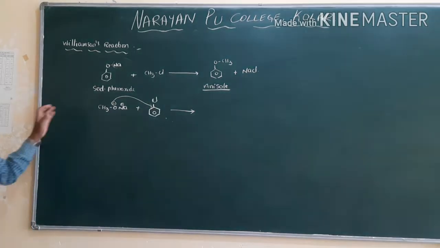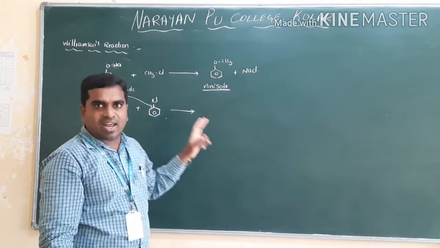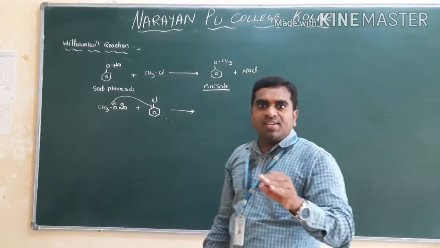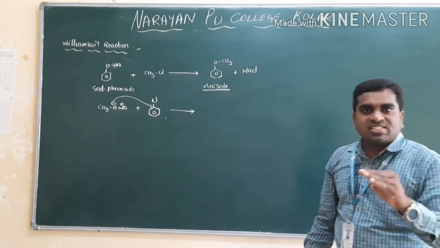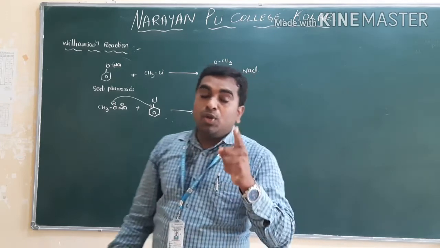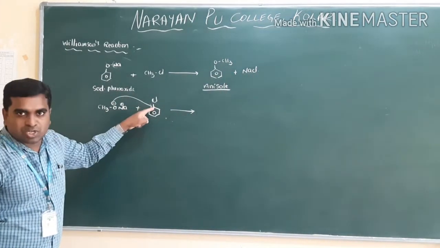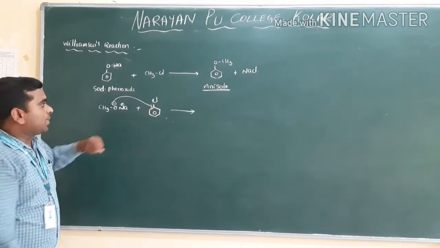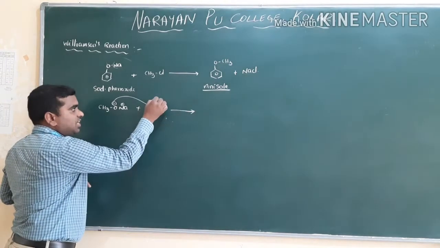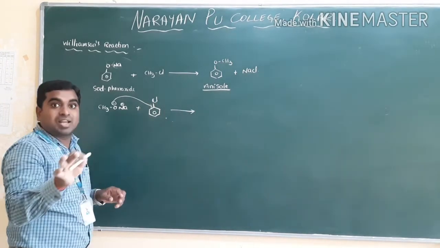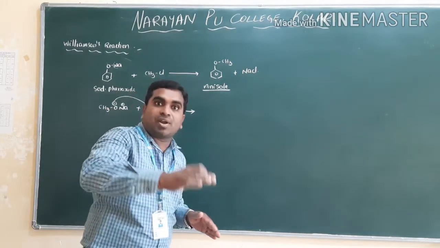But we have already studied in haloalkanes and haloarenes that haloarenes are very less reactive towards nucleophilic substitution. Why? Because the chlorine-carbon bond is not a pure single bond; it has partial double bond character.